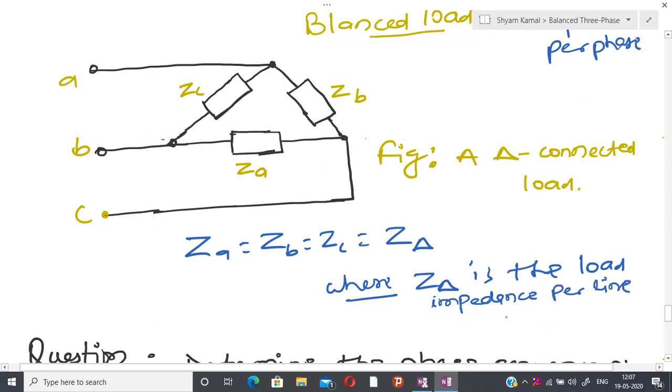Because I have already told you that I am using terminology like line voltage, line impedance. Due to that reason, I have written like this.